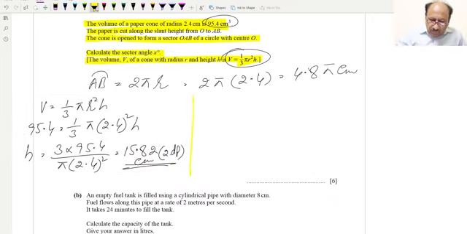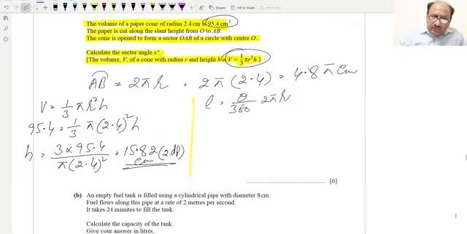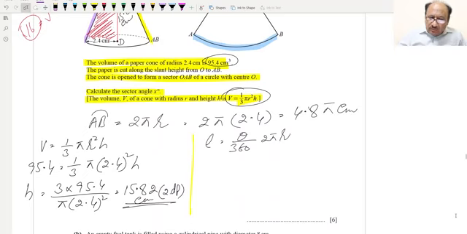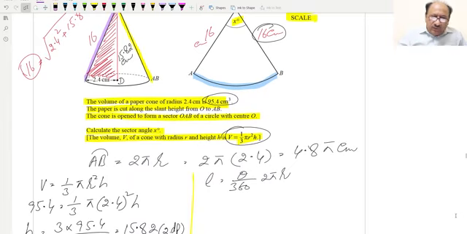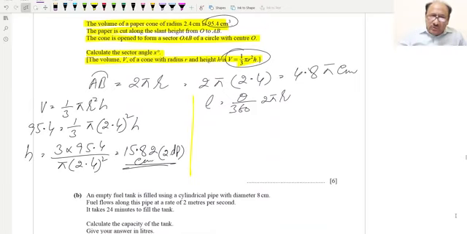So now we can apply the length formula, and the length formula we know, L is equal to θ over 360 into 2πr, and we are applying on this one, so r will be 16, and length is the AB length we have already calculated, which is 15.08. 15.08 will be this arc length.